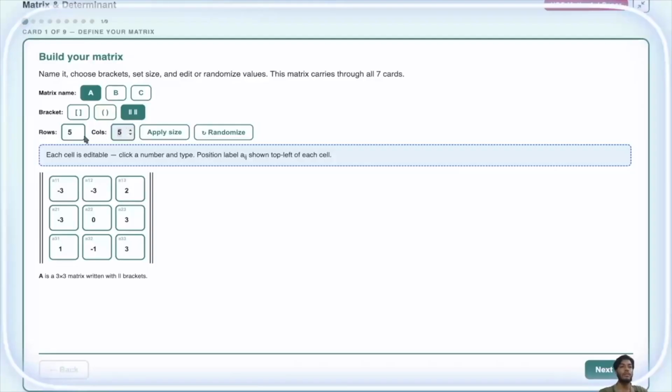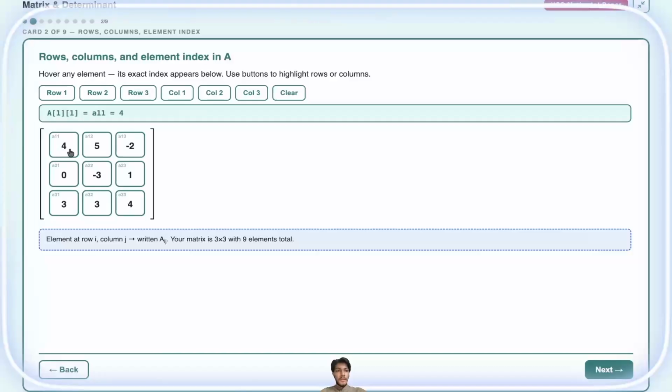Today in our session we're going to work with a 3 by 3 matrix, and 3 by 3 is said to be the order of that matrix. So here this is our matrix that we are going to work on. This is row 1, row 2, row 3, column 1, column 2 and column 3.